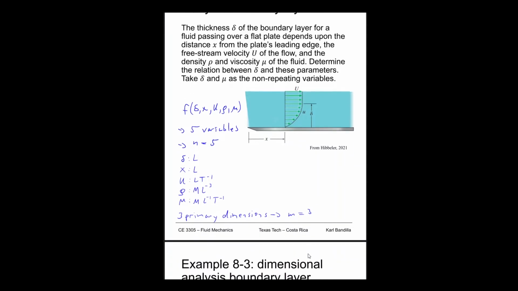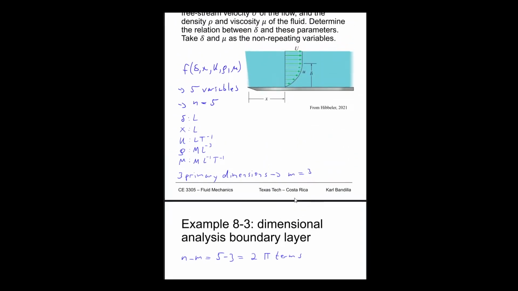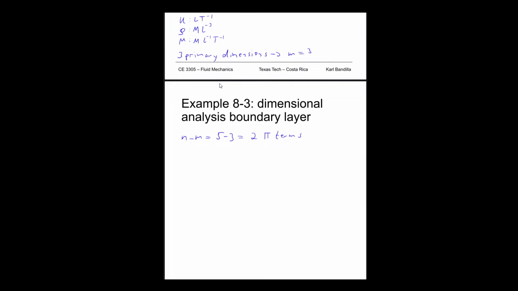Now that I have m and n, we can find the number of terms that we need. We'll have n minus m, that's 5 minus 3, which means we have 2 pi terms. So we'll have to set up 2. Now we're already given that we're supposed to use delta and mu as the 2 non-repeating ones, so we can jump right in and do that.